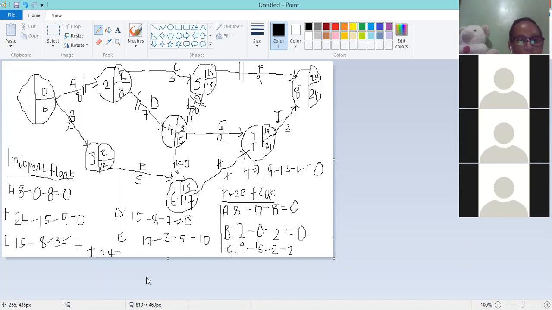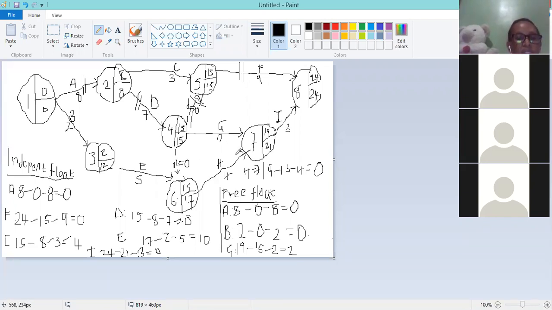I'll minus 21, the latest event time of number 7, and I'll subtract the duration of the activity in question, which is 3, giving us a value of 0. So as you can see, independent float may end up being 0, but it is not a must.